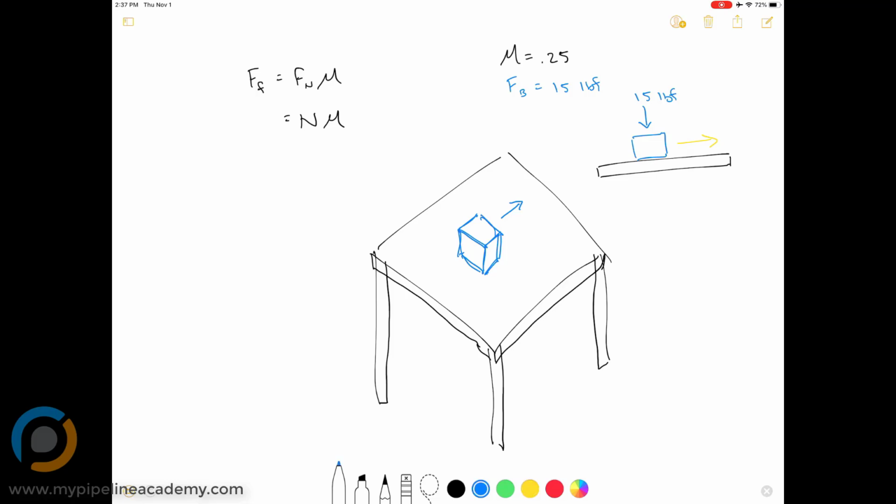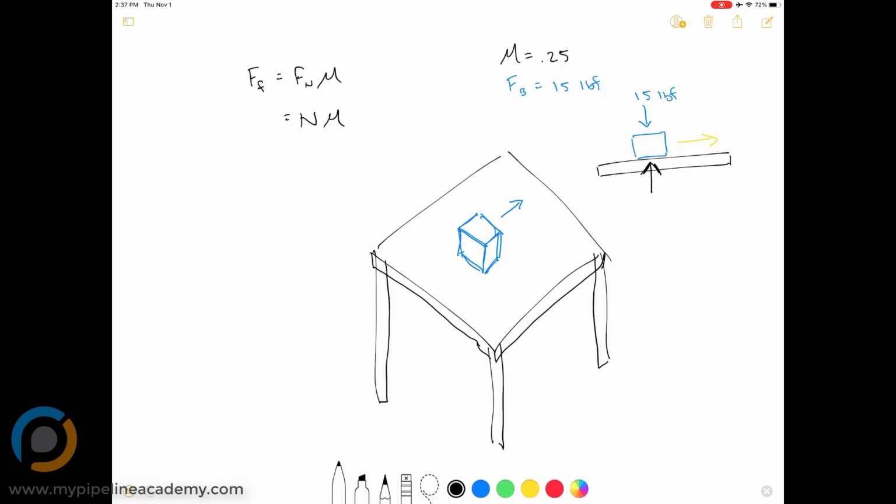So our equation for frictional force is normal force times coefficient of friction, or mu, and the normal force is just going to be the force perpendicular to the surface created by the weight of the object that's sliding across. So since we have a flat surface here, our normal force is just going to be straight up.